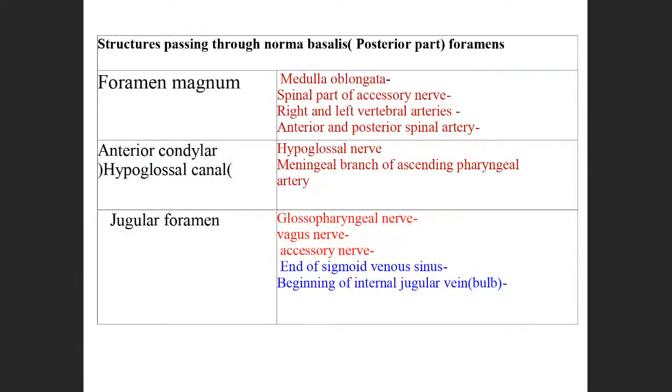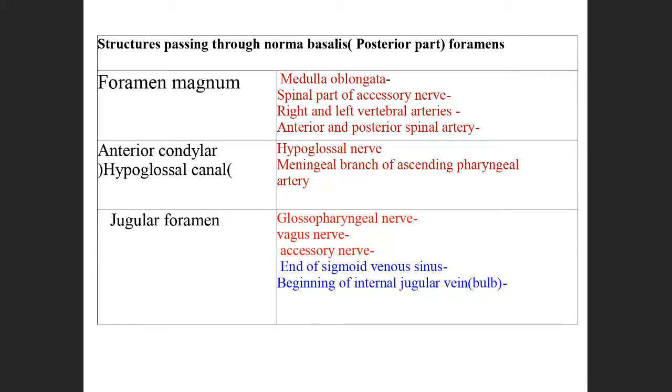And then you have to remember these structures. What are the structures passing through these foramina? Foramen magnum: this is a very common structure. What structure passes through the foramen magnum? The medulla oblongata, which continues as the spinal cord.